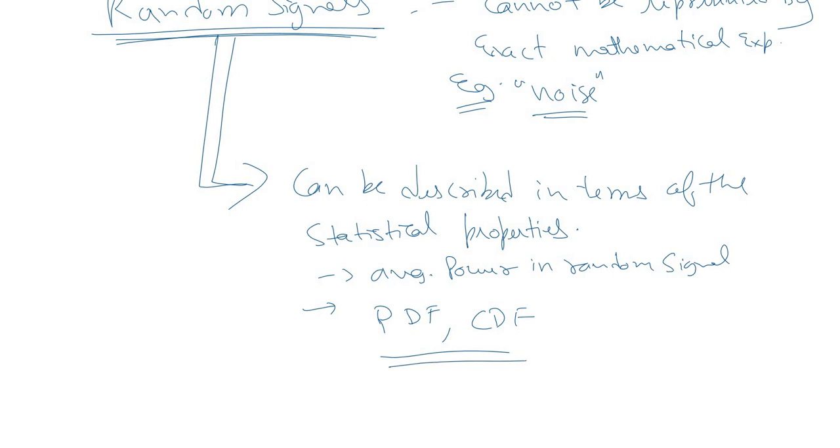These are the statistical properties which can be used to describe random signals. They cannot be predicted exactly or precisely, but they can be described by means of these statistical properties.